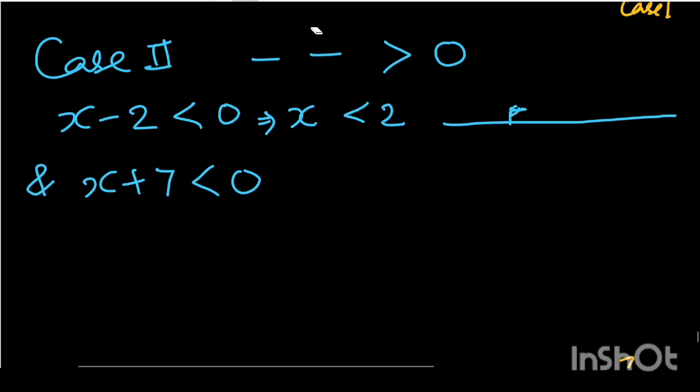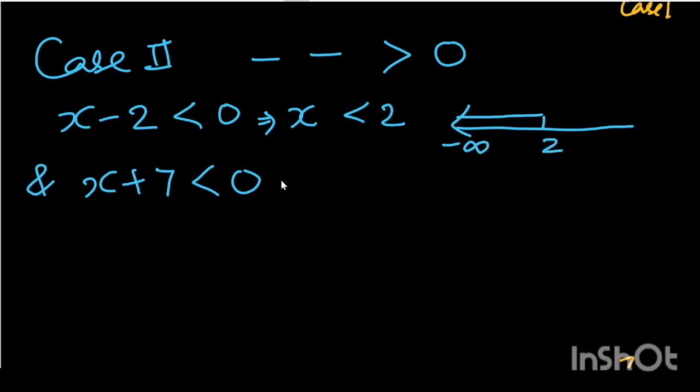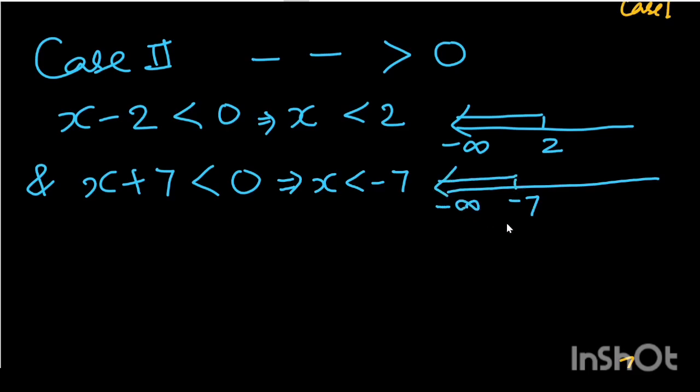X lesser than 2 is like this. All the values from minus infinity to 2 we will take. Similarly, x plus 7 less than 0 gives x less than minus 7, and if you plot on the number line, since minus 7 is lesser than 2, it would be on the left side, so it would be minus infinity to minus 7.